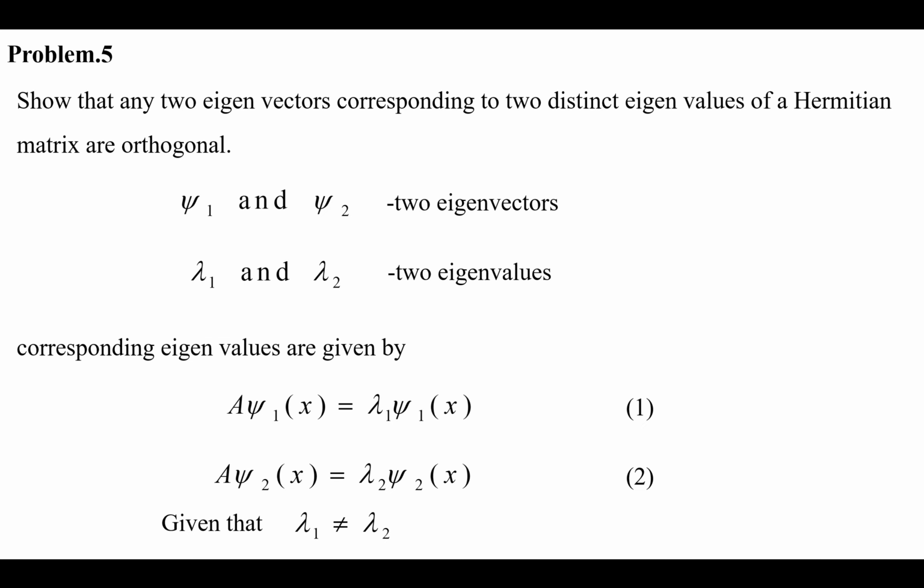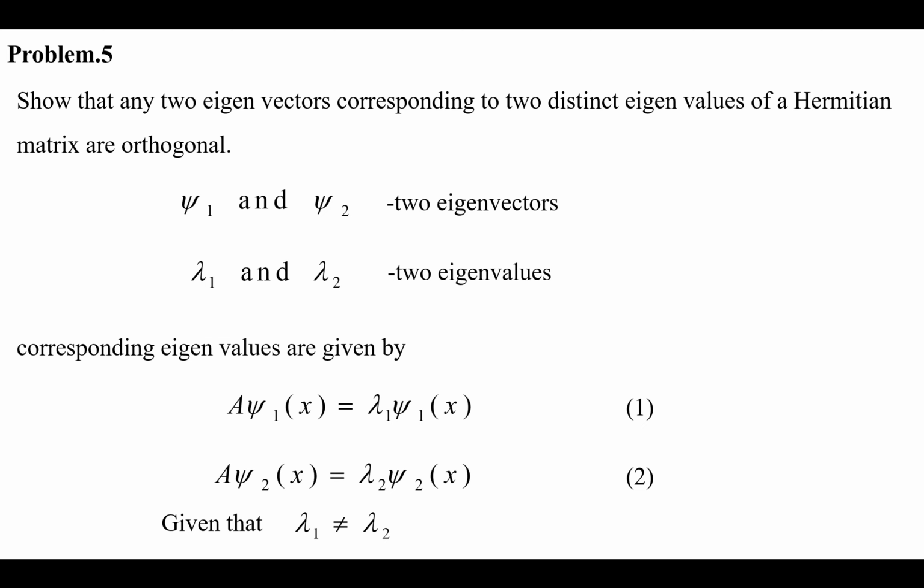That is, psi1 and psi2 are two eigenvectors, two separate eigenfunctions, and we are going to find out that if the eigenvalues are different, the integral of these two eigenfunctions must be equal to 0, because they are orthogonal to each other. So this is what we are going to prove. Now psi1 and psi2, just take two eigenfunctions, two eigenvectors.